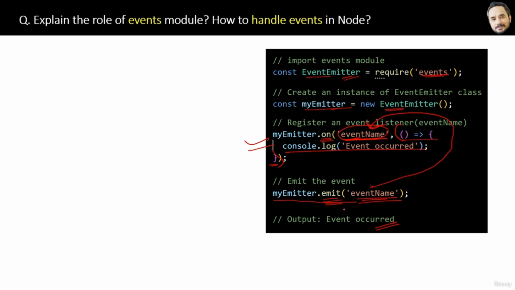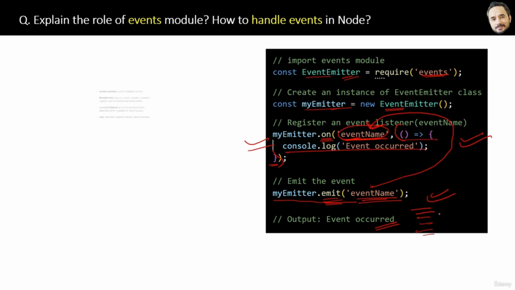Also remember here, first we have to register the event listener before emitting the event. If you emit the event first and then register the event listener, that means the event listener is not yet registered and hence you will get an error. Great. That's the whole story of the event implementation in the code.